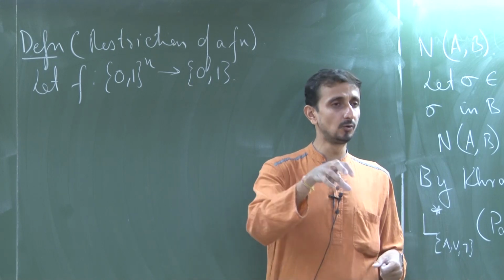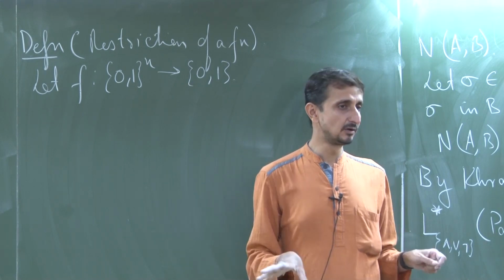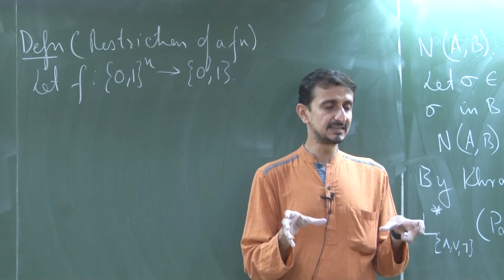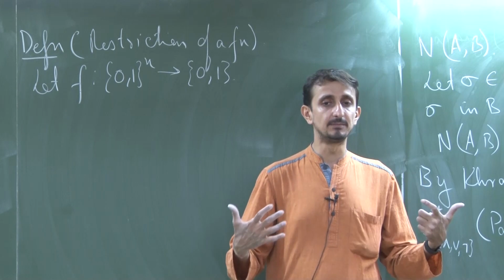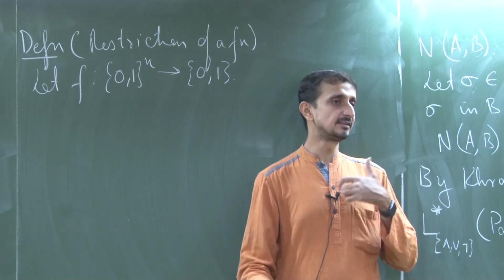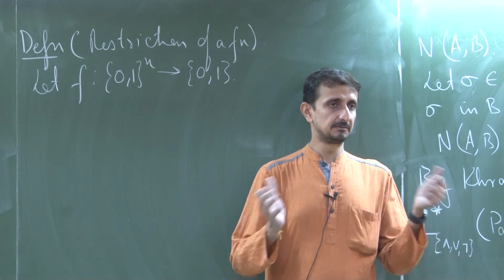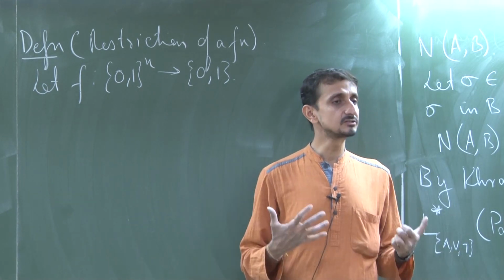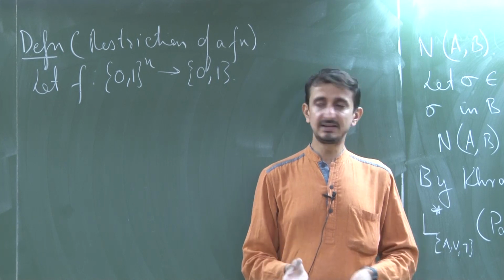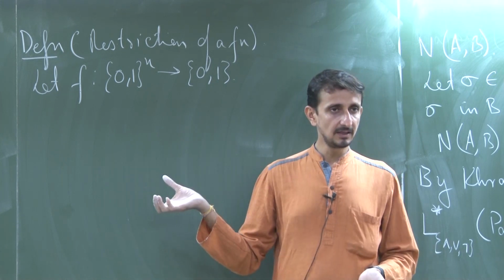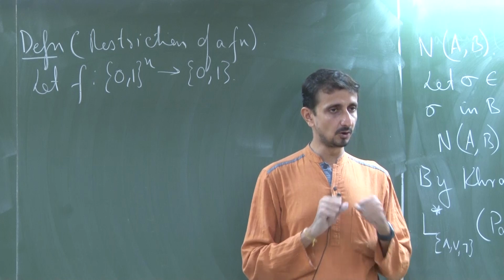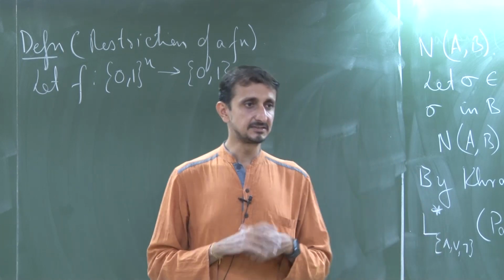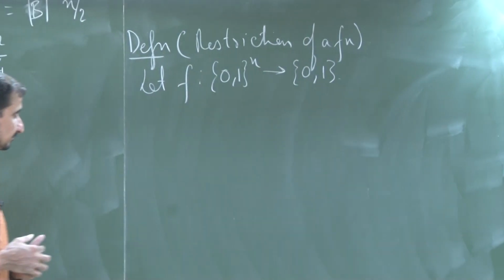Some of them will go to 0, some of them will go to 1, and only the remaining variables are free, in the sense that they are actually variables, they can take a value either 0 or 1, and depending on that the function is evaluated. That is what is called a restriction. We take a subset of the variables and we map them to either 0 or 1, and only the remaining variables are free. Essentially, that is the idea of a restriction.